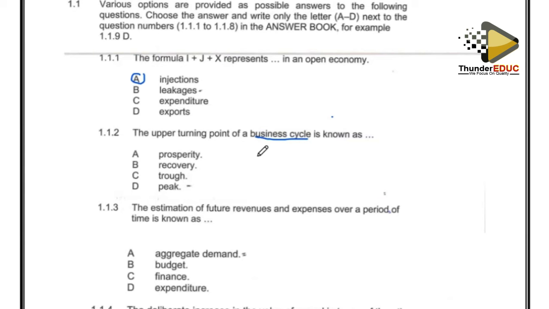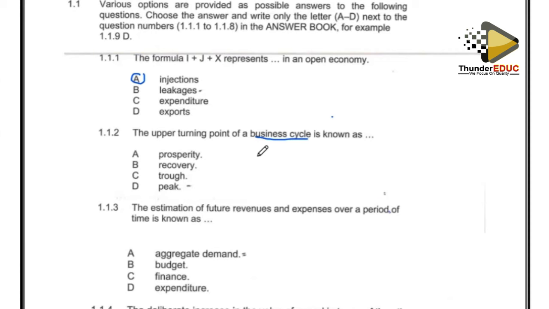So now we also have the trough as a turning point. At this turning point, the economic activities are totally poor, meaning the economy is failing to create employment opportunities. The households are poor, they are struggling, there is a low standard of living.